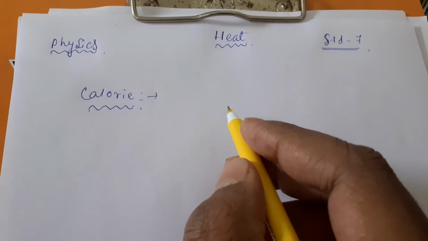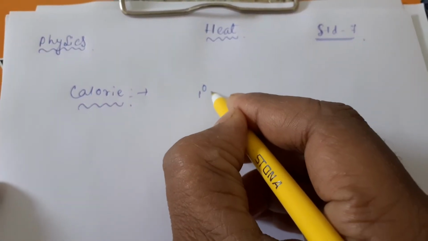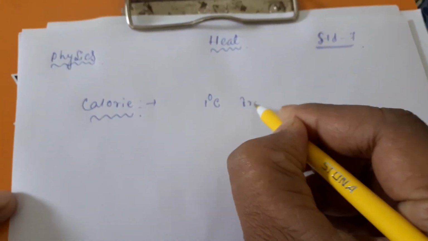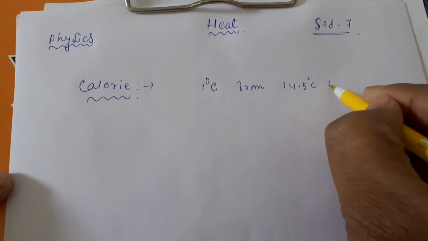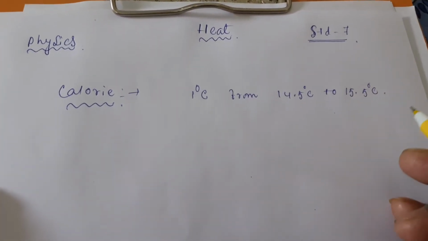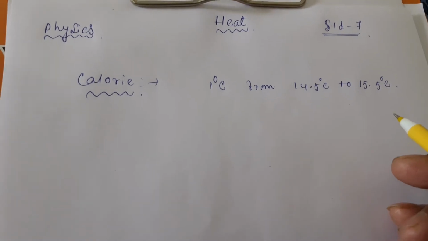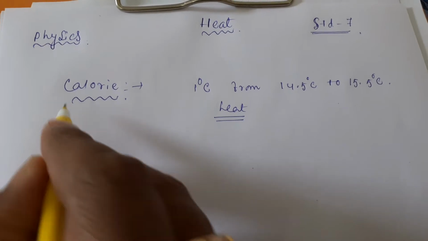To raise the temperature by 1 degree centigrade from 14.5 degree to 15.5 degree centigrade, the amount of heat required is called the 1 calorie of heat.